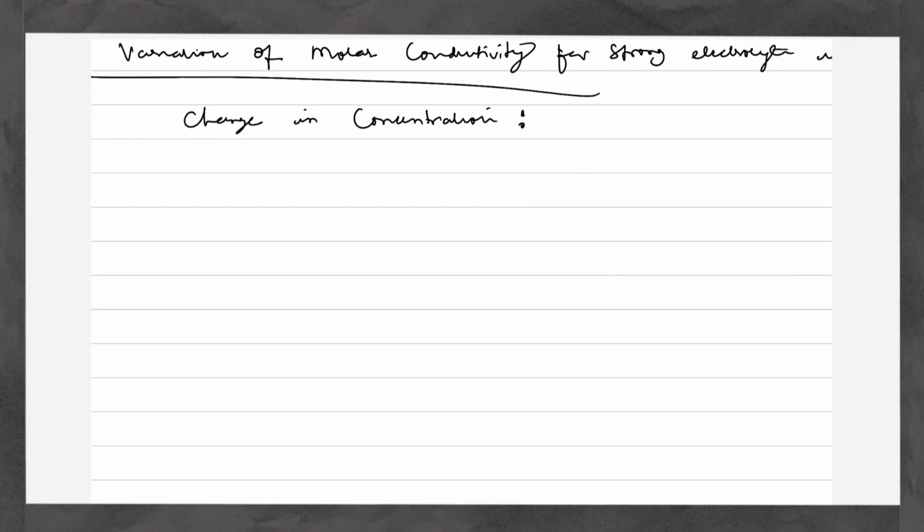So for that we have an equation that is known as the Debye-Huckel Onsager equation, to explain how variation of molar conductivity occurs with dilution.